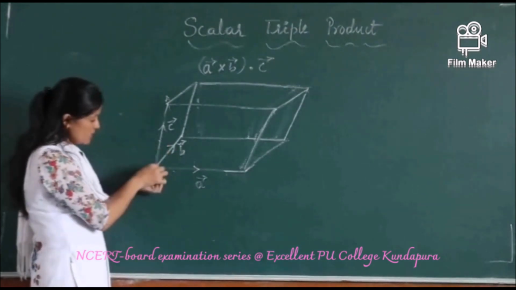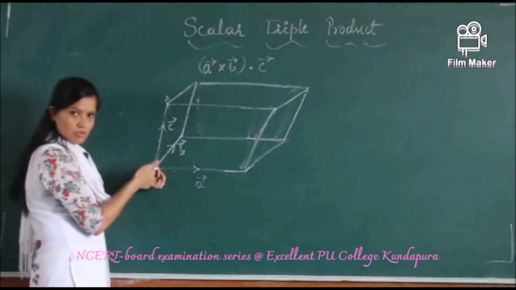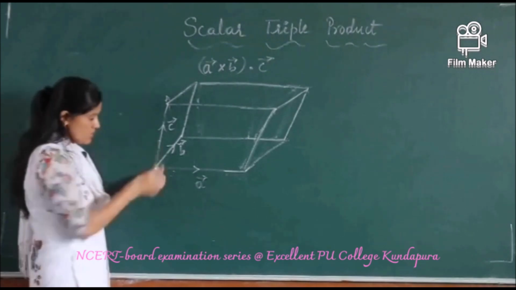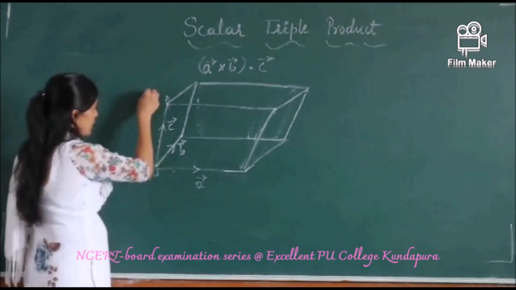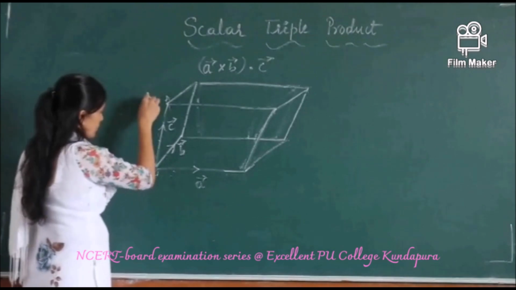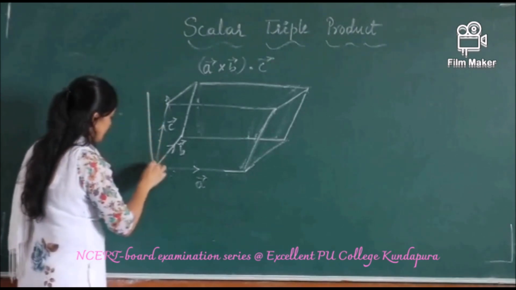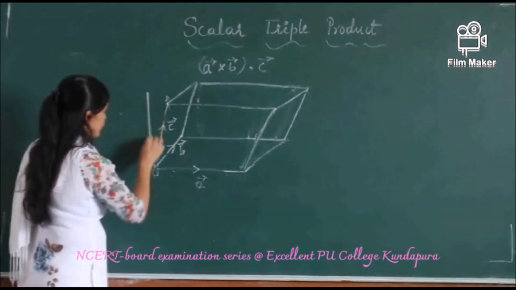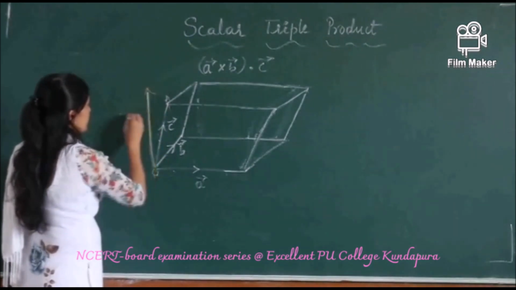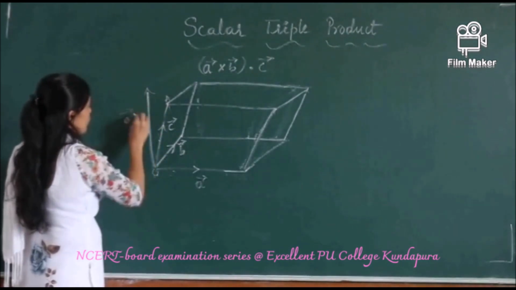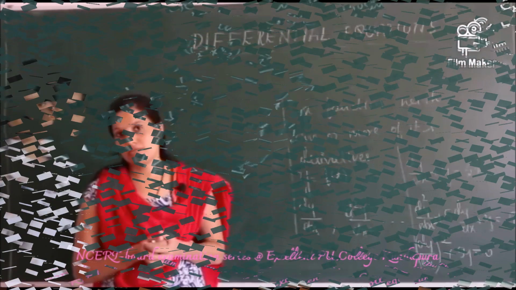Perpendicular to the plane is like perpendicular to the board, but I can't represent it that way, so in the same plane I write it like this. This is vector A cross vector B.